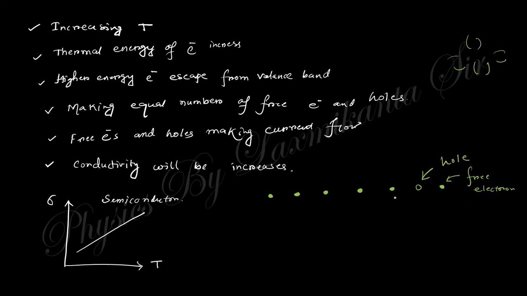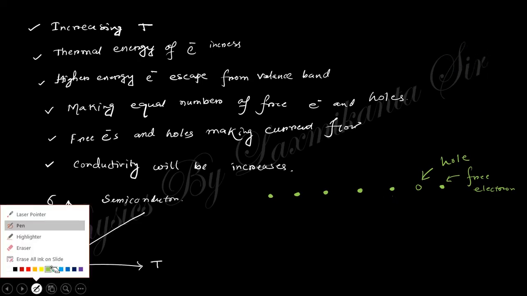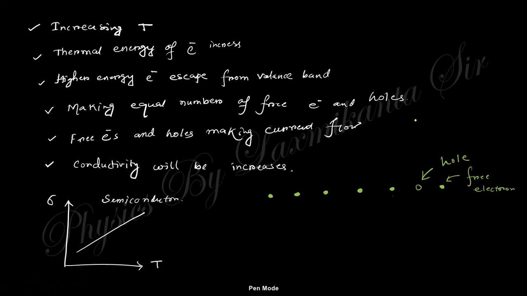Now the next case. I think you understand what the hole and electron are actually making here. Suppose this is silicon, and these are the electrons in the valence band, and one electron is ejected from those. So there is a hole, and this is the free electron.